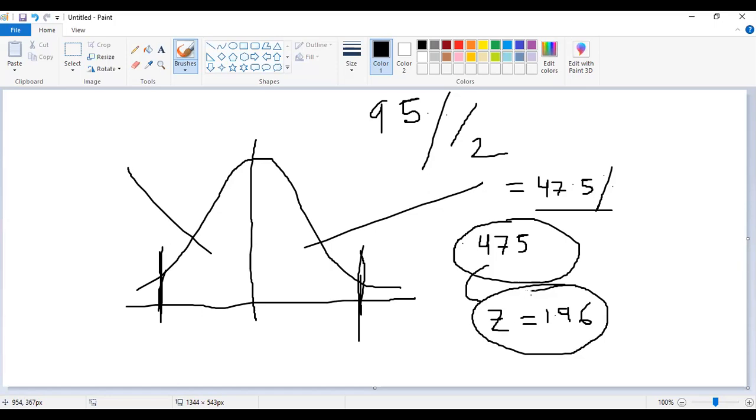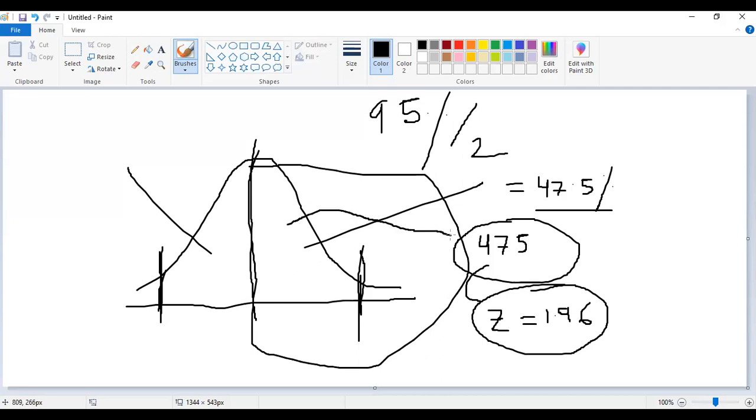We divide into two and then I work on this half only, this positive axis. This area is nothing but 0.475, and for 0.475, the Z value is 1.96. There are several other methods. You can follow your own method. I don't have any problem.